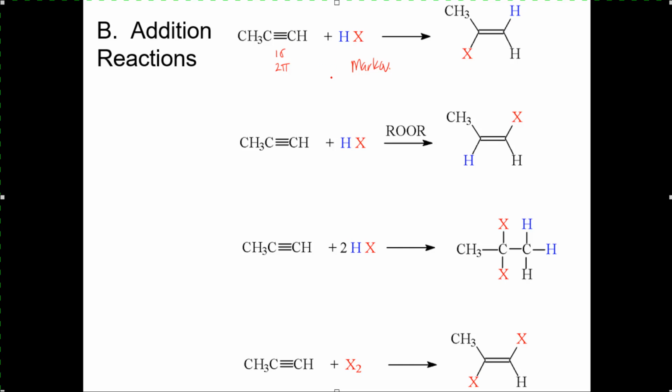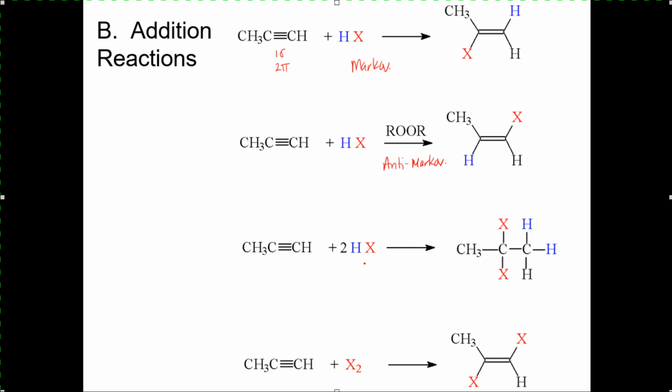We can do anti-Markovnikov addition by adding HX with peroxide. This would go through a free radical mechanism, and we would add the H to the carbon with the least number of hydrogens and the X, the halogen, to the carbon with the most number of hydrogens. So this right here would be an anti-Markovnikov addition.